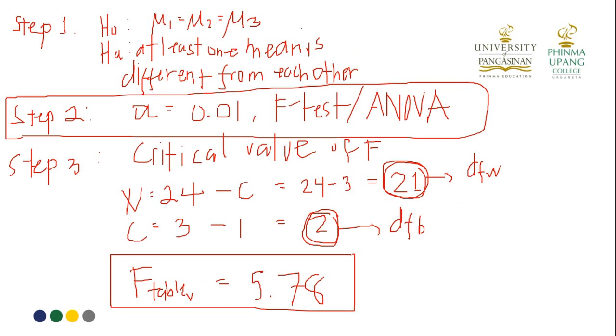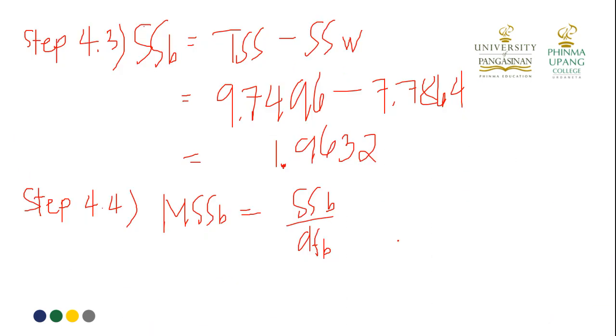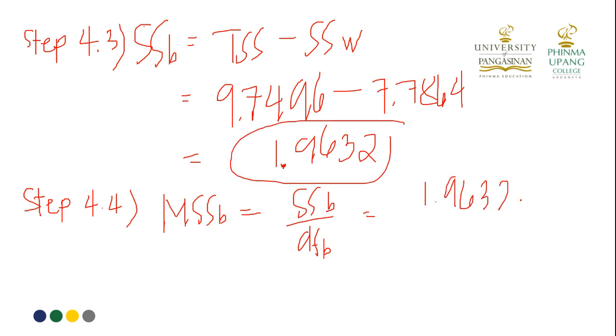So, di ba sinabi ko sa inyo kanina na ang DFB is 2, ang DFW is 21. Kung ilan yung brand, strategies, depende kung ano yung pinag-uusapan, no? So, simple lang po yan. So, yung SSB nakuha na natin, 1.9632, divide natin. Ilan yung ilalagay ko sa denominator? Is it 21 or 2? 2, sir. So, ilan po yung sagot in 4 decimal places?